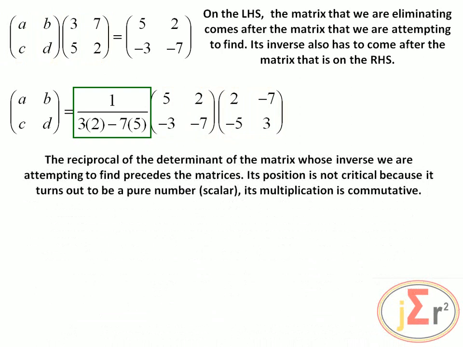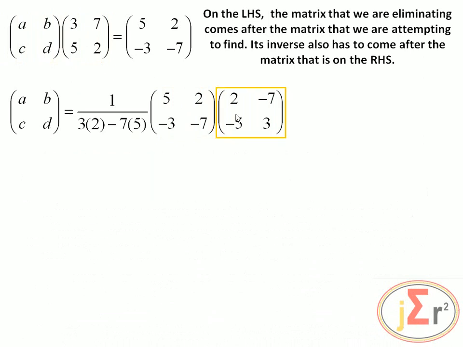The reciprocal of the determinant of the matrix whose inverse we are attempting to find precedes the matrices. Notice that although these two matrices are placed or come after the matrix in every single case, we did not put 1 over the reciprocal down here.